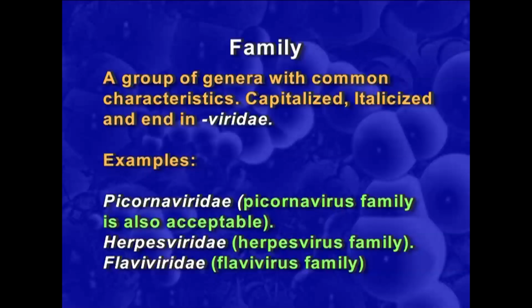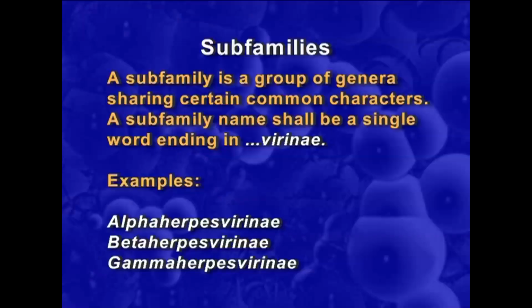Next, we will see how they are named. The name should be written in capital letters, in italics, and the name should end with the suffix Viridae. Next we will be discussing the subfamilies. A subfamily is a group of genera sharing certain common characteristics.